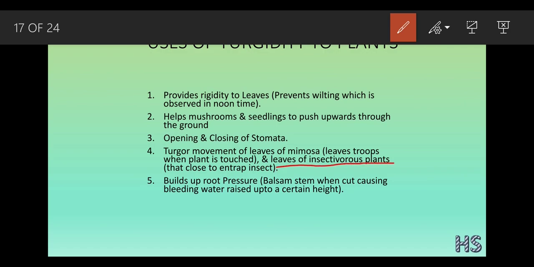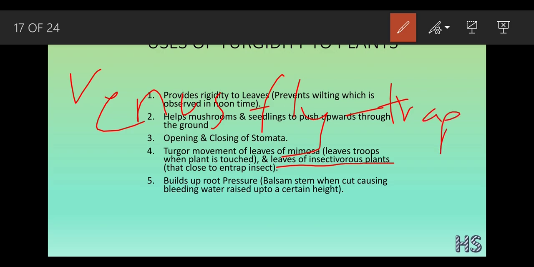Like more cases you can see of turgidity: leaves of insectivorous plants that close to entrap insects. We have studied about the Venus flytrap plant. Suppose this is a Venus flytrap.